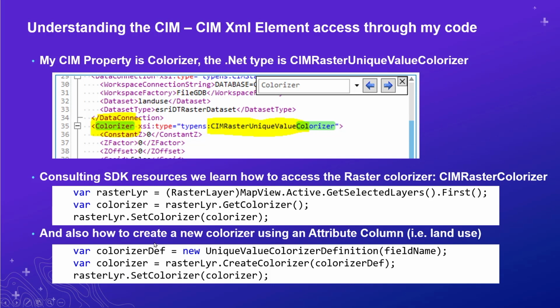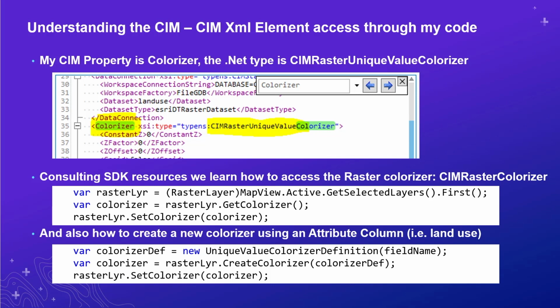I can also create a new colorizer using an attribute column. So the code snippet for that is below. I call the unique value colorizer definition and pass in the field name. In my case, that would be land use. I now use that colorizer definition to create a colorizer.